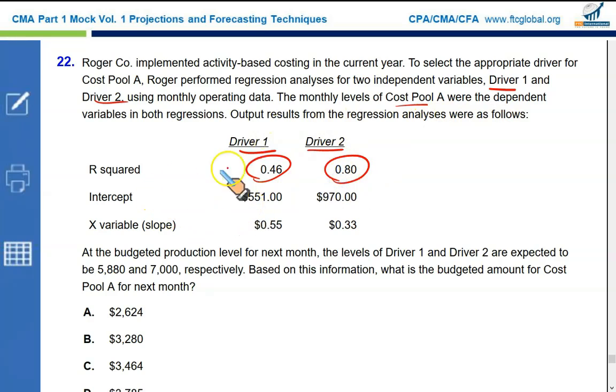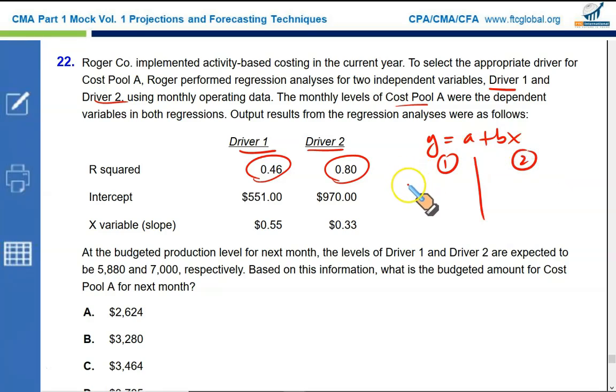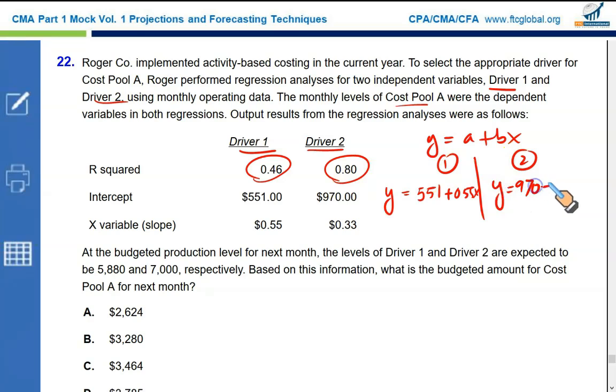Intercept, that is the component A, y is equal to A plus Bx. So we have 2 drivers, driver 1, driver 2. If you construct the equation, in this case y is going to be 551 plus 0.55x. In case of driver 2, y is going to be 970 plus 0.33x.